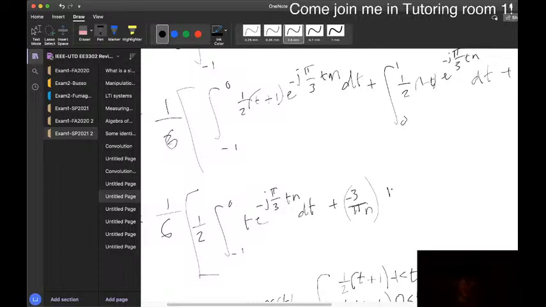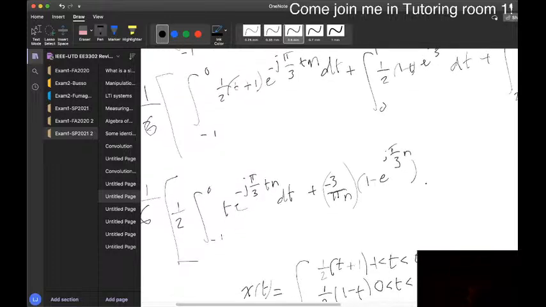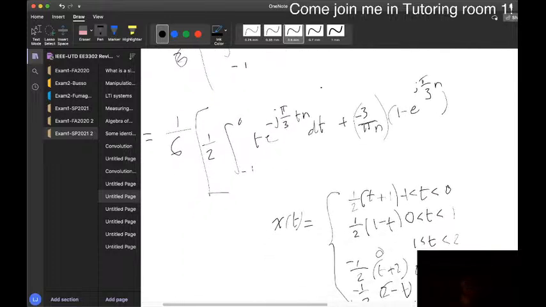So 1 minus e to the j pi over 3 n. Yeah. And then this is integration by parts.